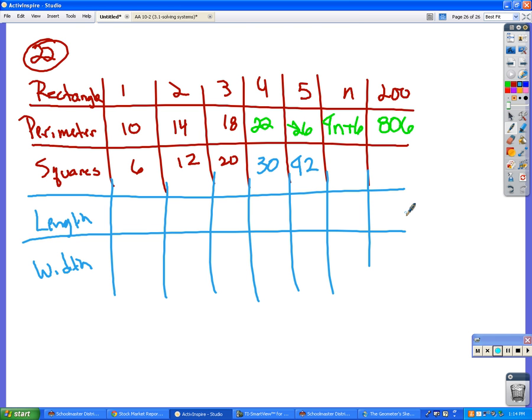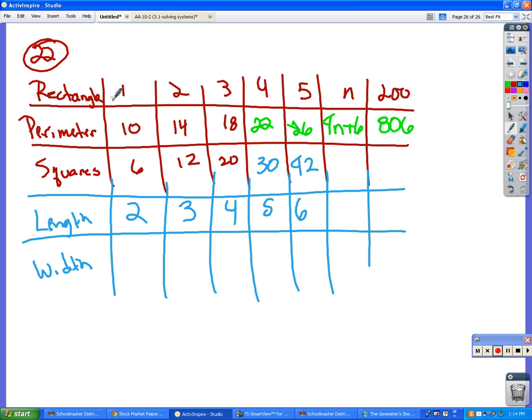So if you look in your book, what is the length of the first rectangle? 2. What is the length of the second rectangle? 3. What's the length of the third rectangle? 4. So what are these other lengths going to be? 5 and 6. And so that's an easy one because it's going up by 1 each time.